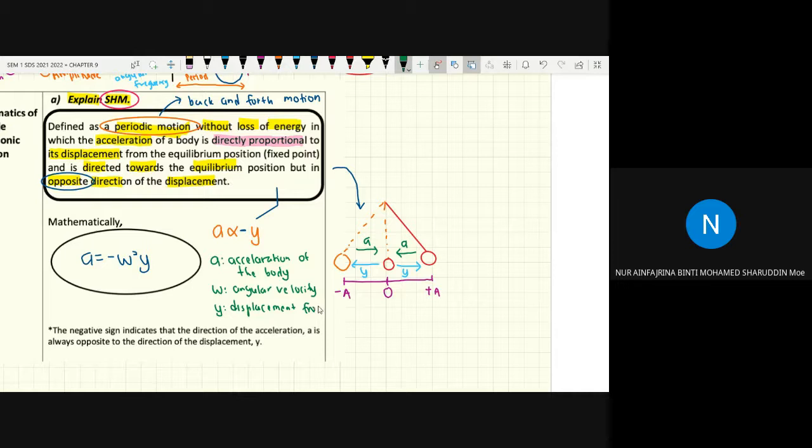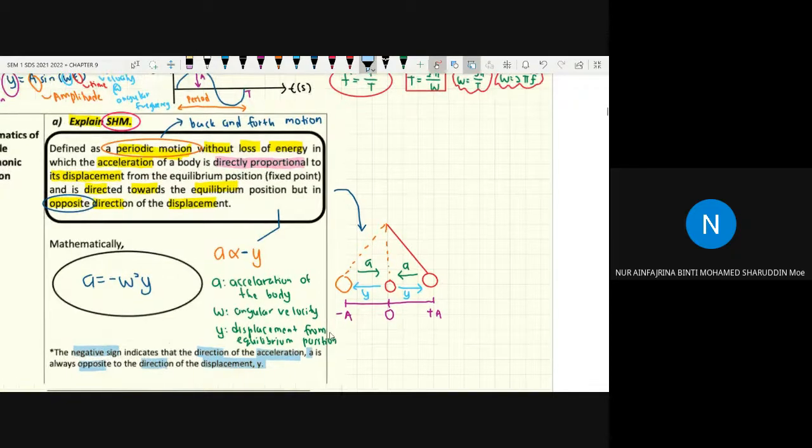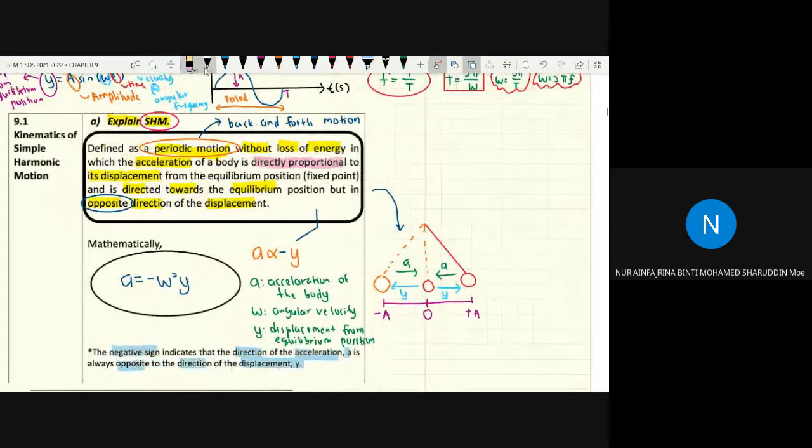Can you see this negative sign? What is the function of this negative sign? The negative sign indicates that the direction of acceleration is always opposite to the direction of displacement y. That's all. Okay, can you understand?